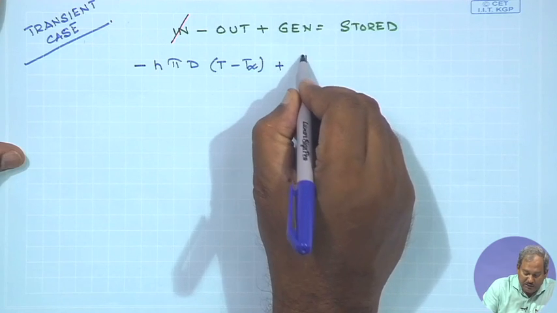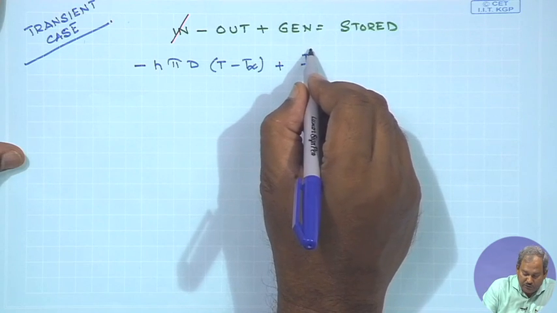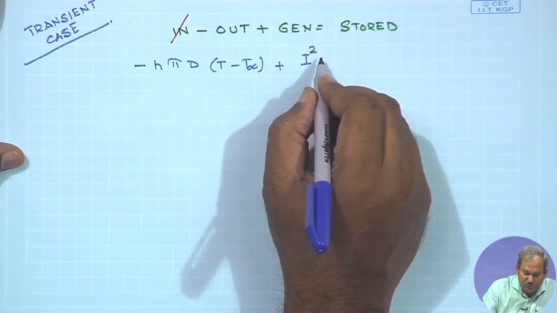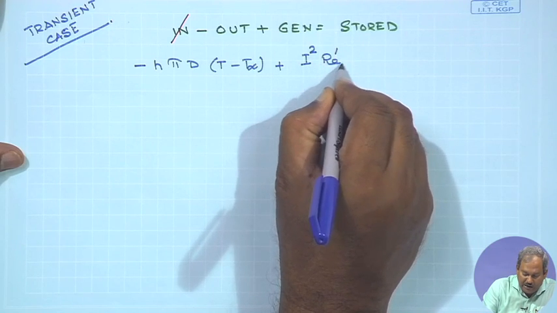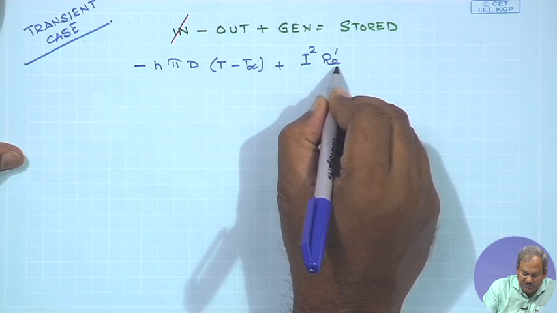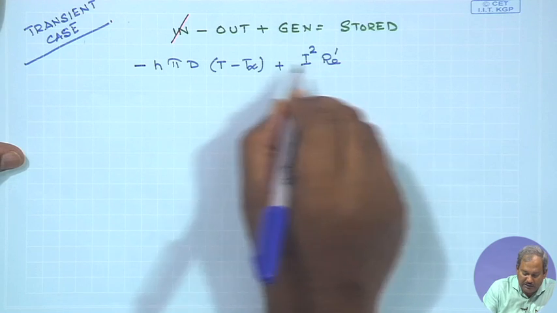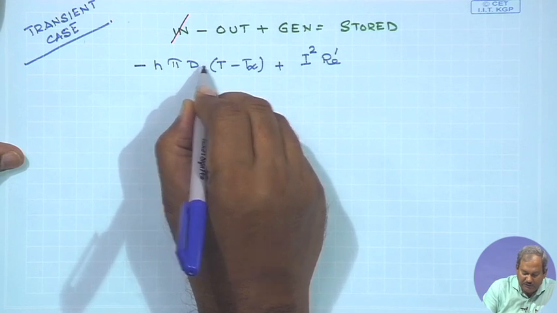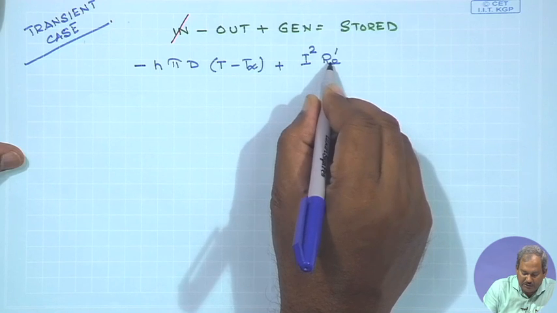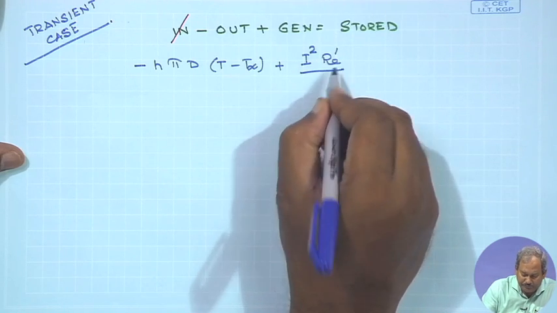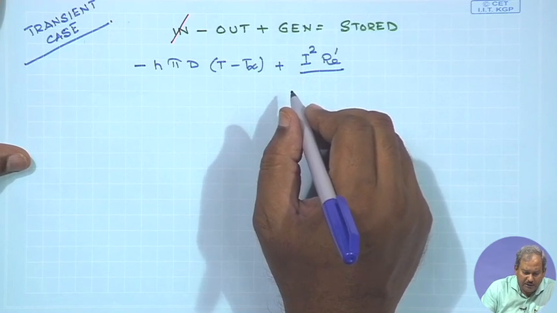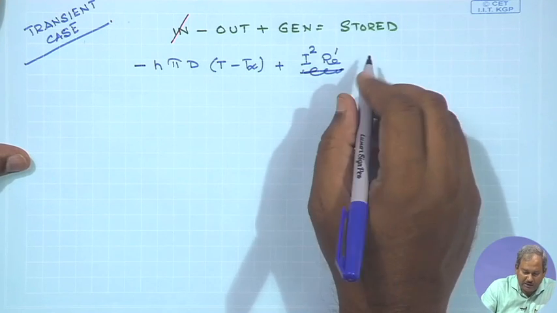Therefore, it would be possible for me to write the generation, which is simply Joule heating, I square R e prime, where R e prime is resistance per unit length, because I brought this L down to the denominator of the resistance, I square R e.